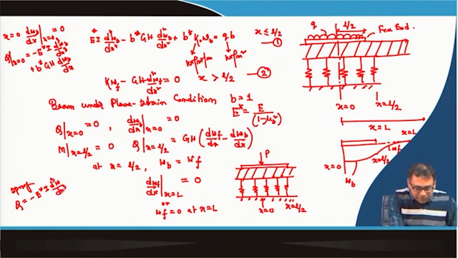But for the 2 parameter model it is E star I d3 Wb dx3 plus B star GH dWb dx. For the UDL case you write 0, but it will be equal to minus P by 2 for your concentrated load case.